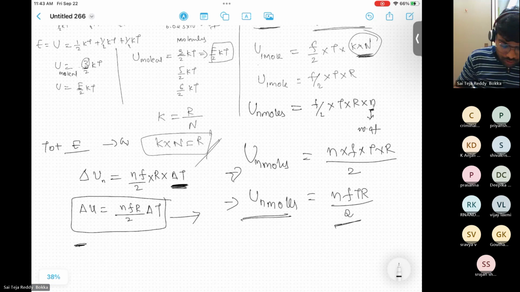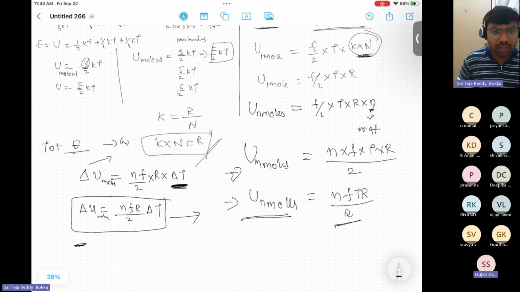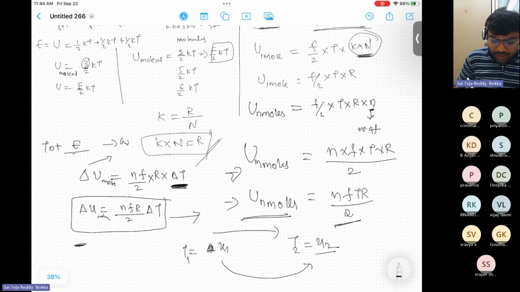So write mole here. If I'm giving energy, there is a change in energy. Whatever I say, at t seconds my energy is different, let it be U1. At another time, t2, my internal energy is U2. As time changes, there is a change in the internal energy, given as t2 minus t1 is equal to U2 minus U1.